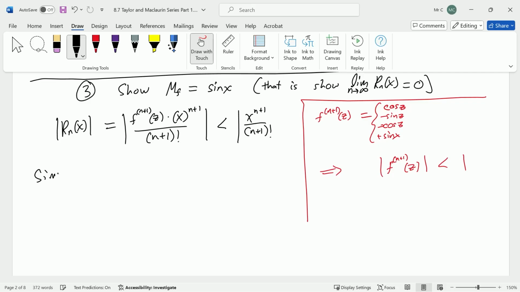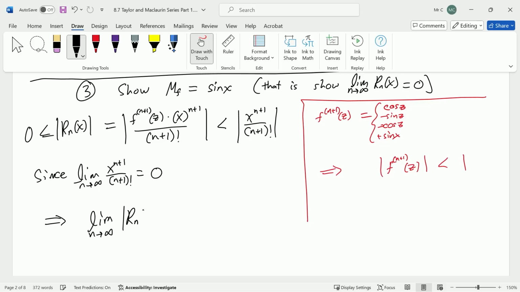And since this is a magnitude, it's greater than or equal to 0, and since the limit as n goes to infinity of x to the n plus 1 over n plus 1 factorial is 0, that implies that the limit of our remainder is 0 by the squeeze theorem.